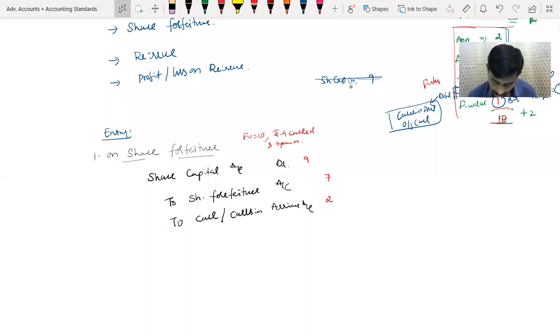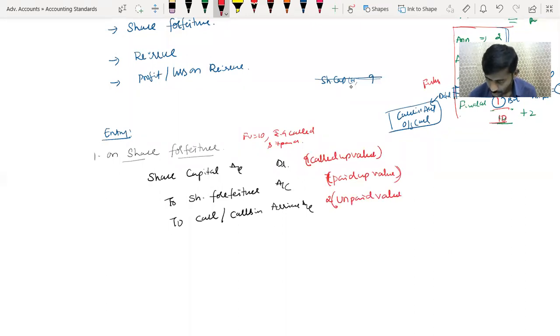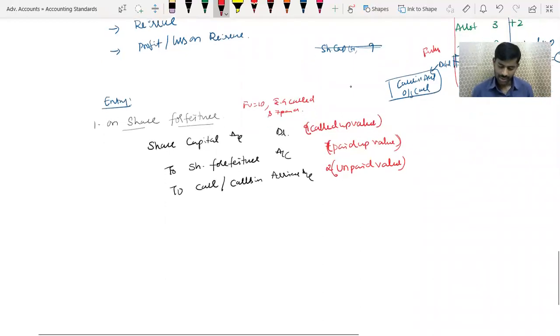So here, the called up value, the paid up value, and the unpaid value, meaning how much of the call is unpaid. This is the entry for share forfeiture.